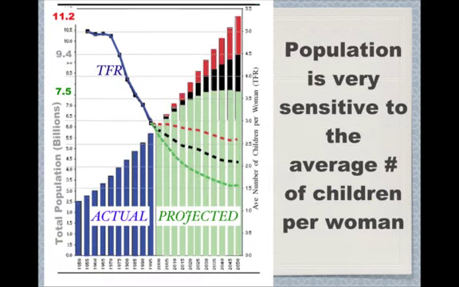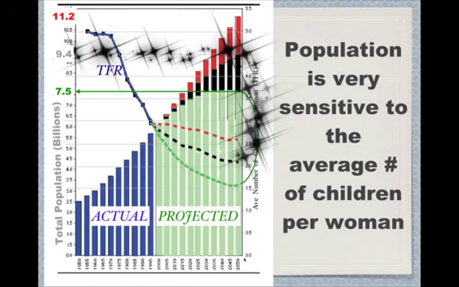So this is the actual number of people, and the 3 projections. The green projection is the number of people if we follow the green growth rate. Black bars would be following the black growth rate, and red bars follow the red growth rate. So if we end up with 1.6 children per woman, then we end up with 7.5 billion people on the planet by the year 2050.